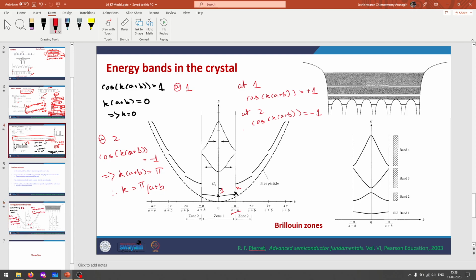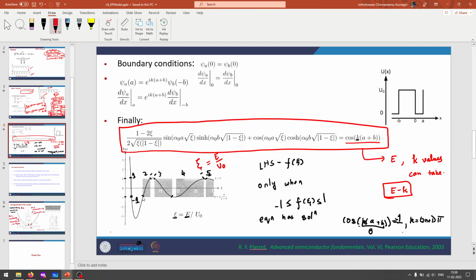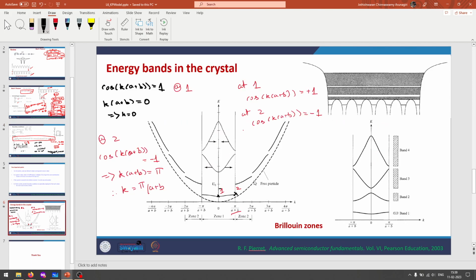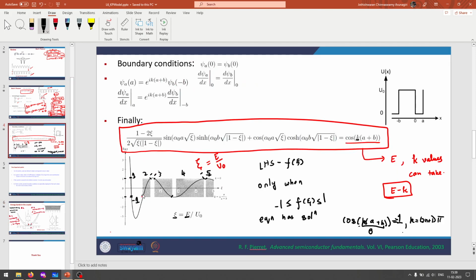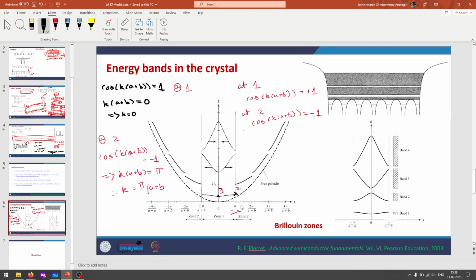Now, immediately after that, what is the next condition that is being satisfied? It is the same one: cos of k times a plus b is equal to minus 1. For a different value of xi and therefore a different value of E, the same condition is being satisfied. So immediately over here, we once again assign the k value of pi by a plus b.